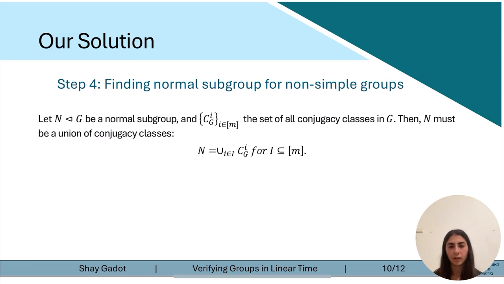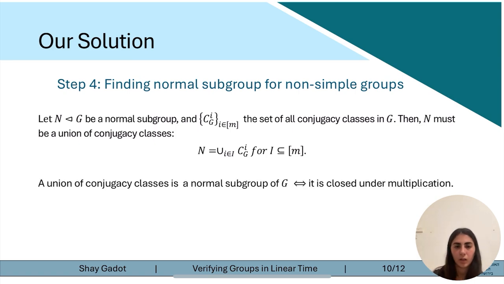And why is that? Because if we look at the definition of a conjugacy class, this is exactly what defines a normal subgroup, along with the closure, which makes it a subgroup. So a union of conjugacy classes is a normal subgroup of G if and only if it is closed under multiplication.